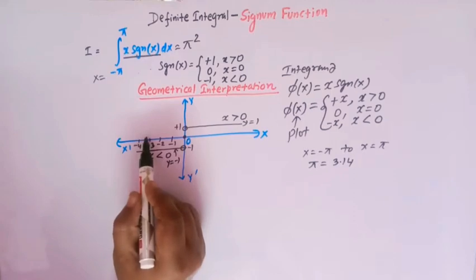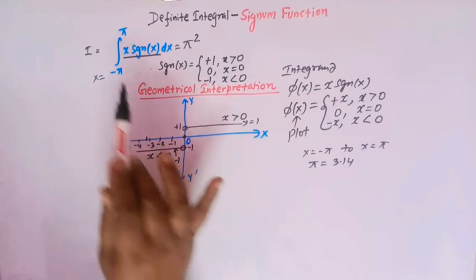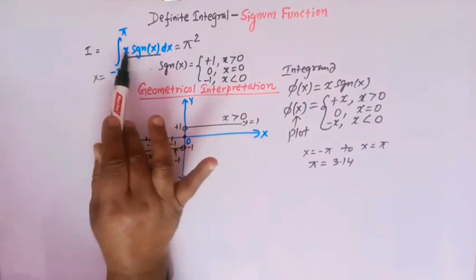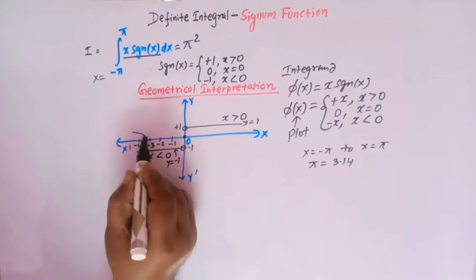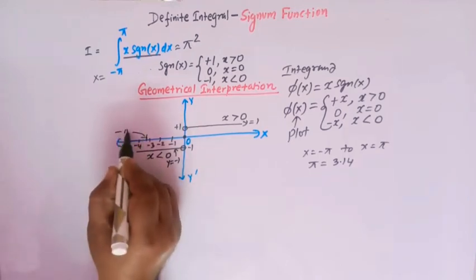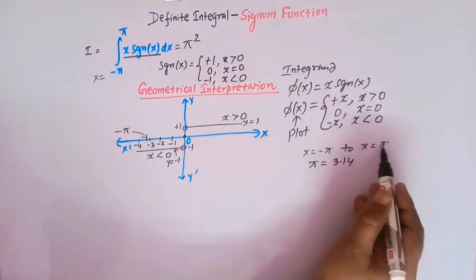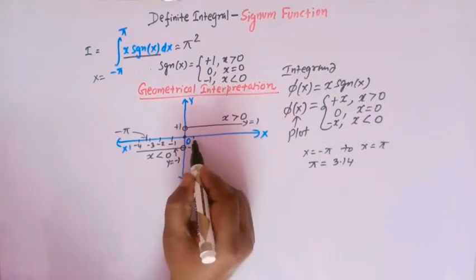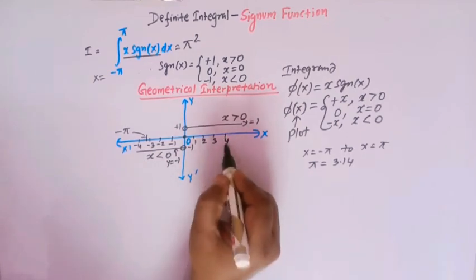Okay, so this is a rough graph for the function x times signum of x. Here this point is minus pi, and similarly x is equal to pi, so this is 1, this is 2, this is 3, and this is 4.